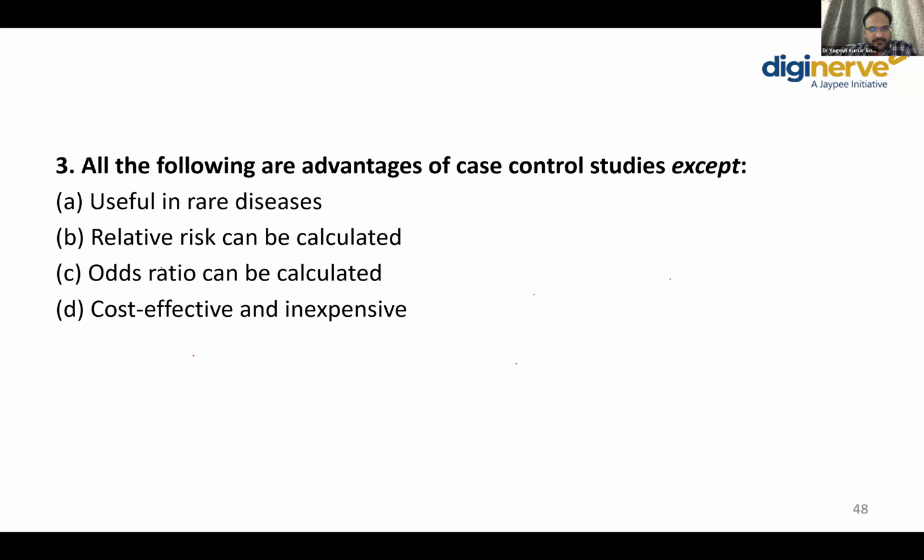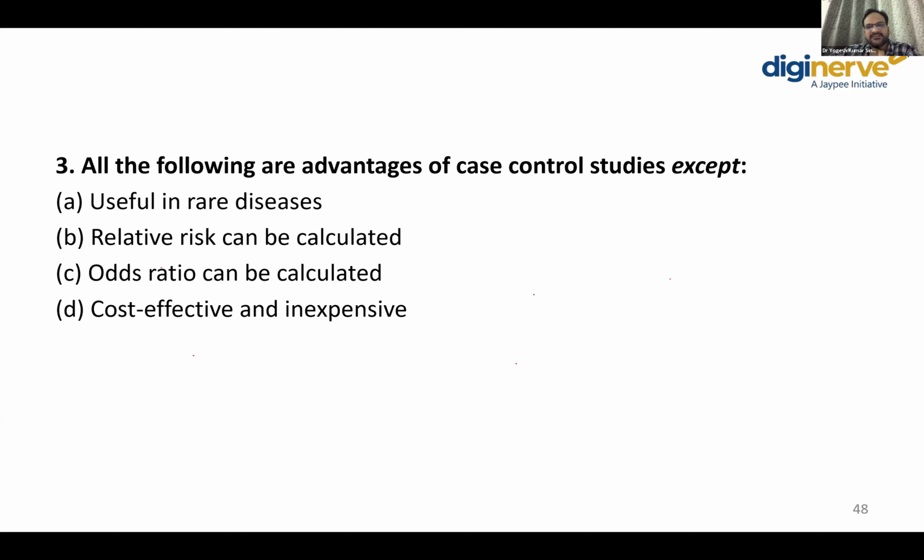We have to select the wrong one. Sarita is saying that useful in the rare disease. Yes, we can use the case control in the rare disease, but we have to find out the except. So it is an advantage, but the question is asking the wrong one.